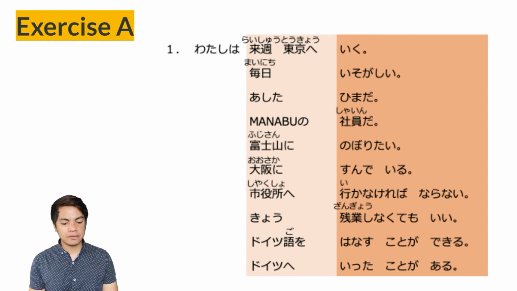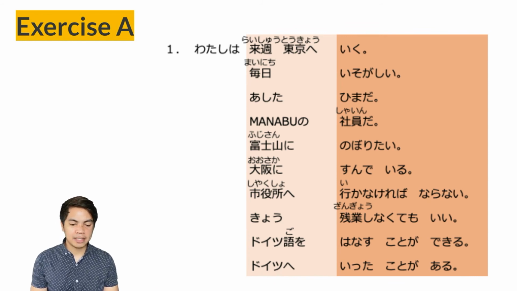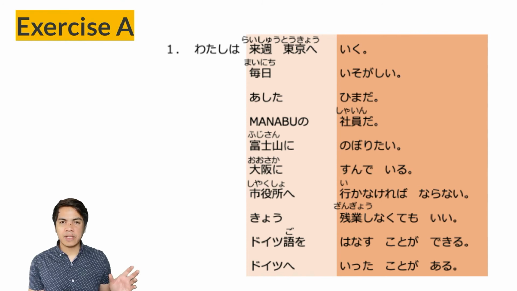Next line. Fujisan ni noboritai. Fujisan ni noboritai. So from noboritai desu, remove desu, noboritai. I want to climb Mount Fuji. Next line, watashi wa Osaka ni sundeiru. Osaka ni sundeiru. From the verb sundeimasu, living, I live in Osaka.